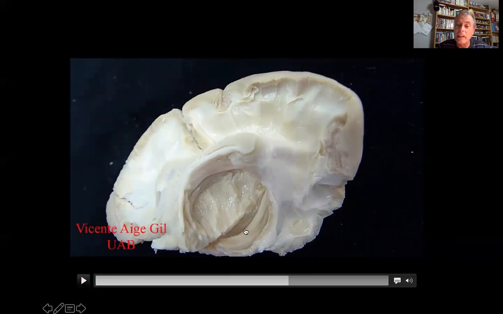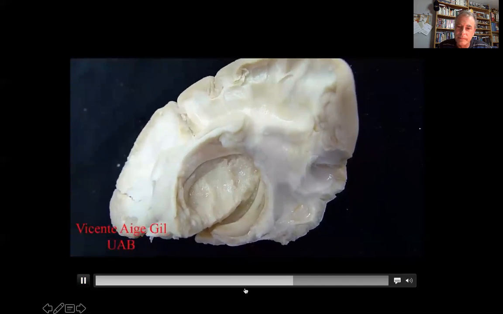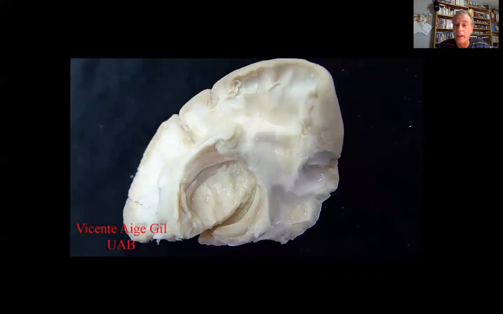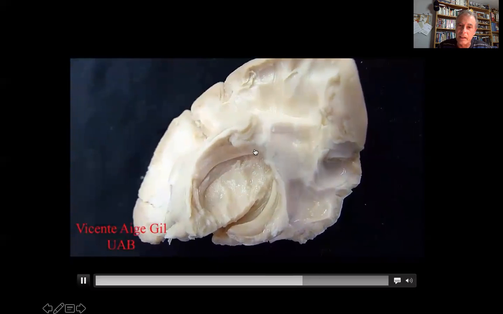And what do we see from medial to lateral, from the inside? The splenium of the corpus callosum, right? And here we see the hippocampal formation, together with the fornix. This is part of the fornix here.